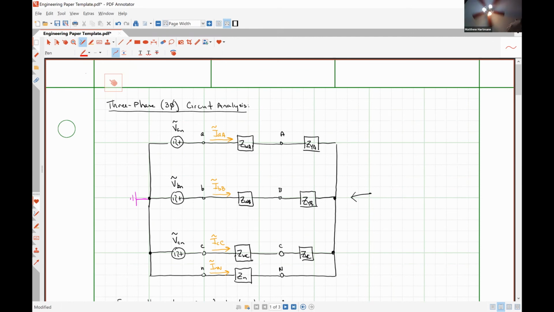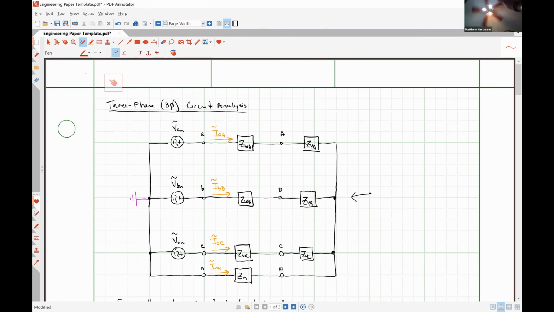Taylor, since you were online yesterday, I will assume that you hopefully can answer this question. If not, it's not that big of a deal. But what would our phase current through our load be? So how would I define that? Through the entire load?